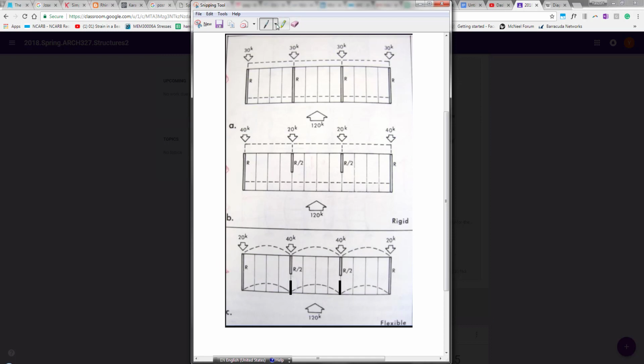So that means basically that part will be taken care of by the wall on the left, and this half gets taken care of by this wall.